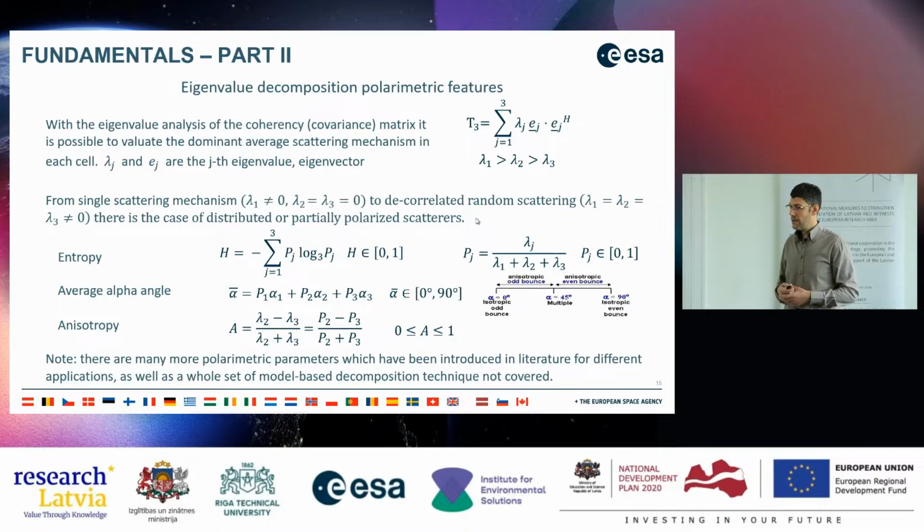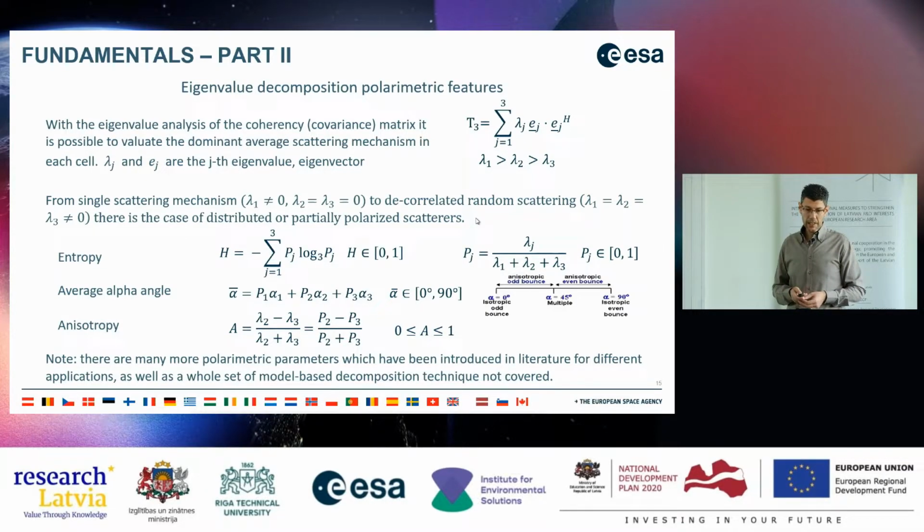So you can estimate the randomness of what is happening in your scene with the entropy, which is basically the sum of the probabilities of each eigenvalue, where the probabilities are given by Pj. Then you can have the so-called average alpha angle, which spans from 0 to 90 degrees, and it tells you if you are observing an odd bounce or an even bounce, or in the case of 45, if you have multiple bounces.